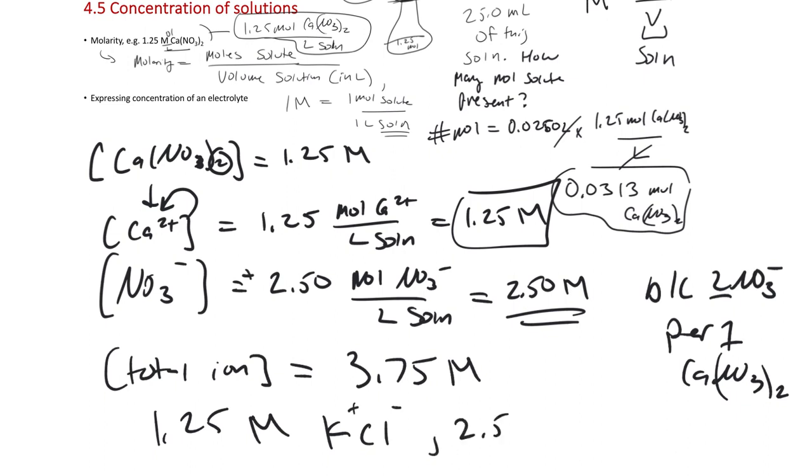This would just be 2.50 molar ions. So even though you have the same molarity of solution, a 1.25 molar KCl solution and a 1.25 molar calcium nitrate solution, the calcium nitrate solution would be more electrolytic. The more ions we have, the more electrolytic; the fewer ions we have, the less electrolytic.